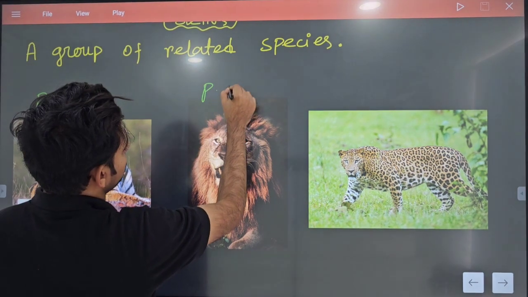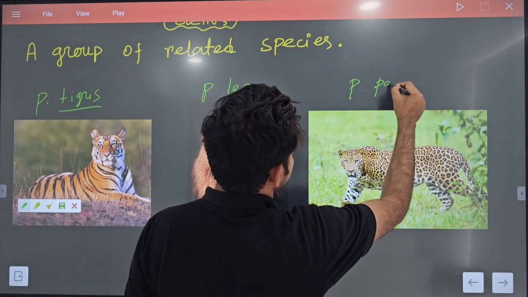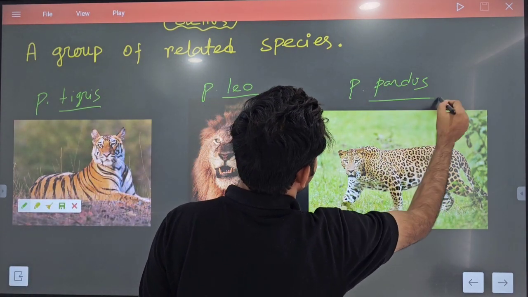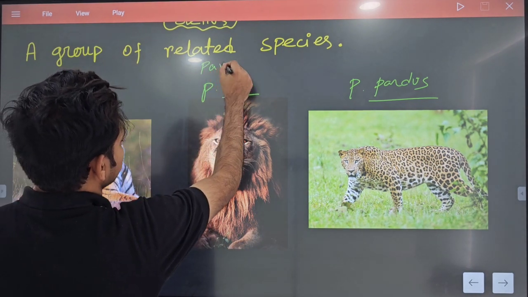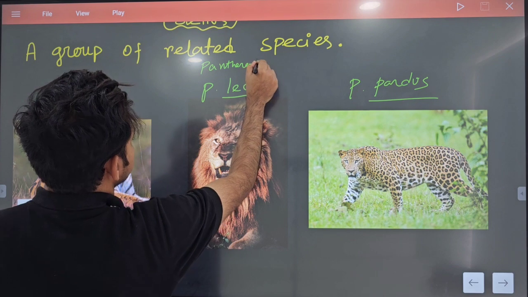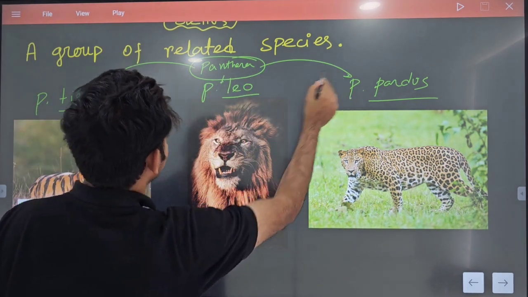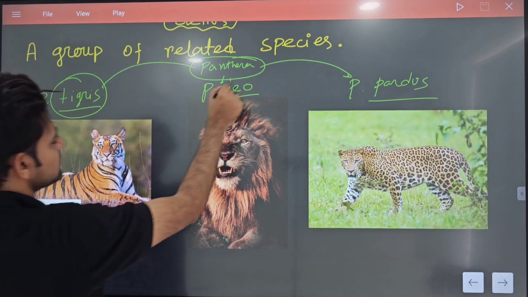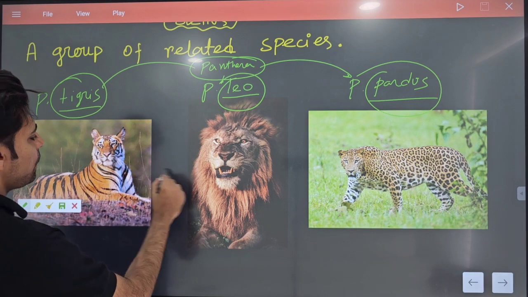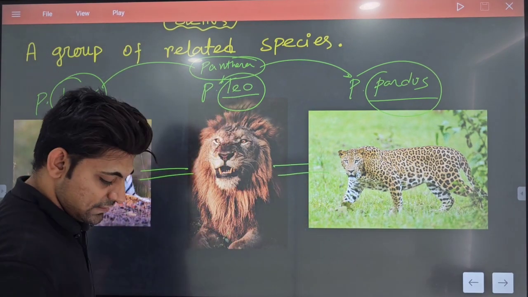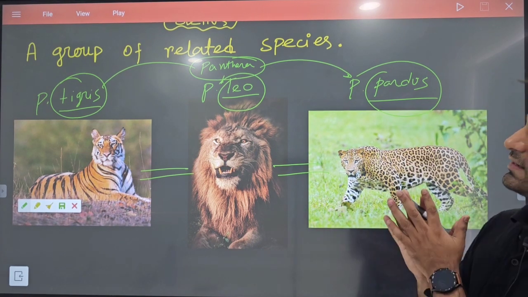This is Panthera leo. This is Panthera pardus. But all belong to the same genus, that is Panthera. Though they are different species, with different specific epithets, they have some similarities, so we kept them under the same group, that is genus.